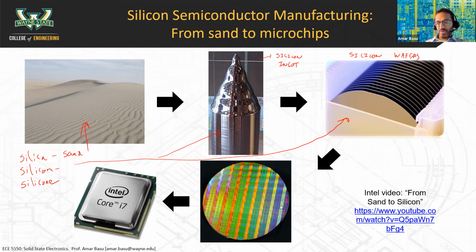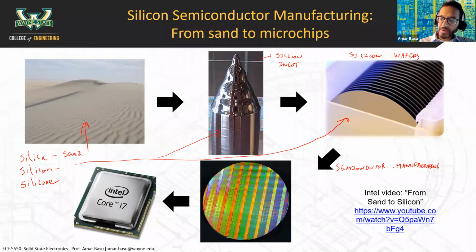So going from here to here, this is called semiconductor manufacturing. So this is what a foundry does.